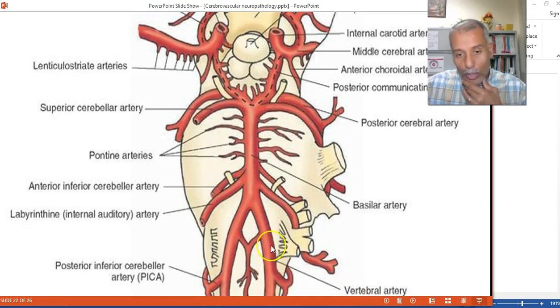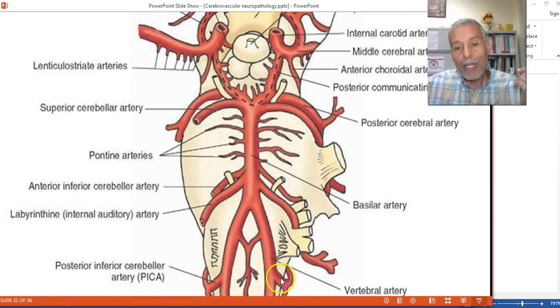You can see it's on one side of the medulla, and out of that there's also the posterior inferior cerebellar artery here. These are both on the lateral sides of the medulla. The medial or paramedian is in the middle here, which we're going to speak about later.